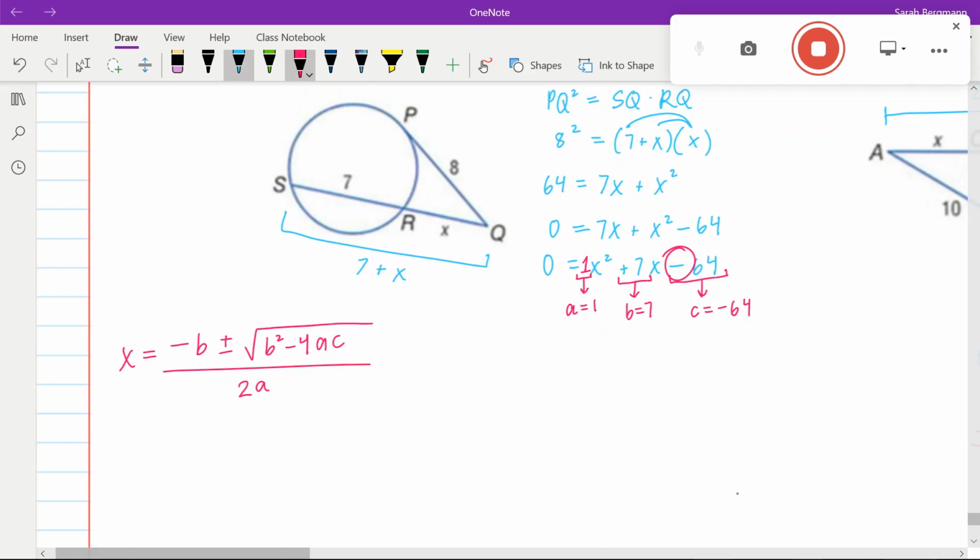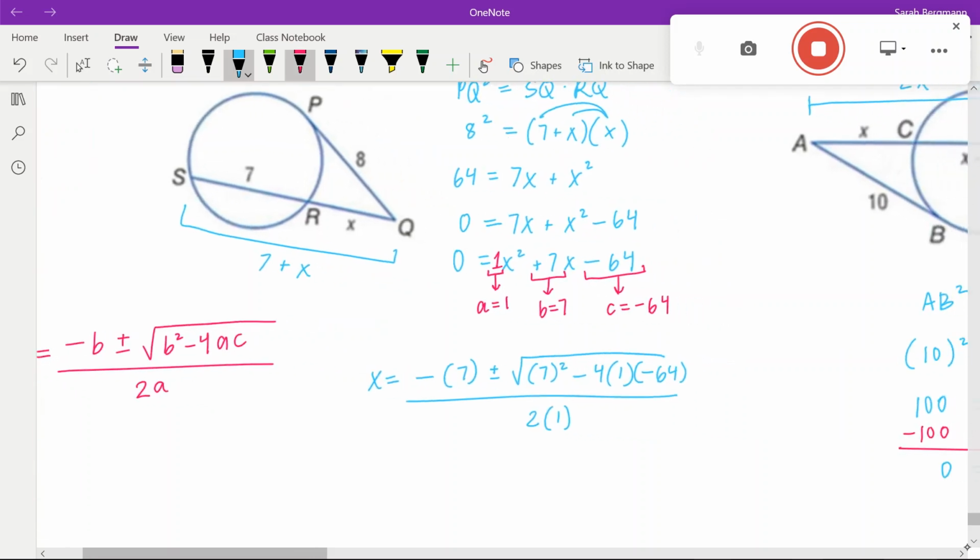So let's go through and plug these in. So we have x equals negative 7 plus or minus the square root of 7 squared minus 4 times a times c over 2 times a. So if we want to simplify this, the first thing we have to do is follow PEMDAS, so parentheses first.